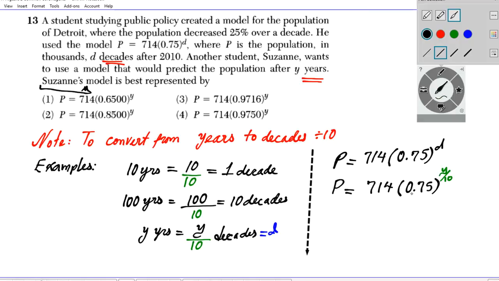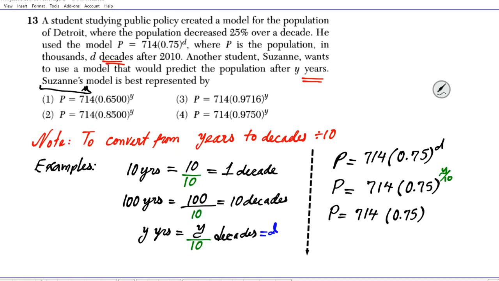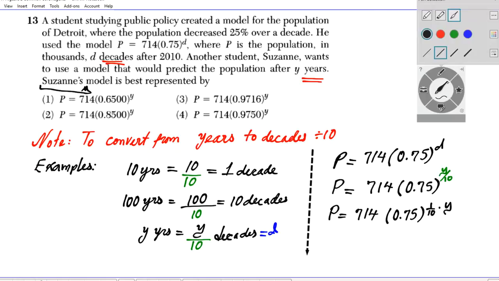So we have P equals 714 times 0.75 raised to the 1 over 10 times y. All I'm doing is reversing the product. If you have 1 over 10 times y, that's y over 10, so I'm just undoing the product.